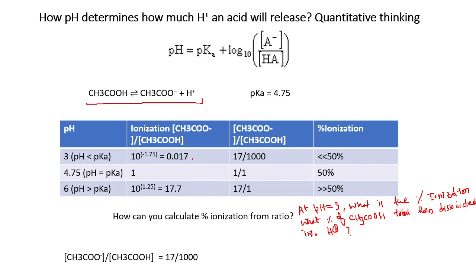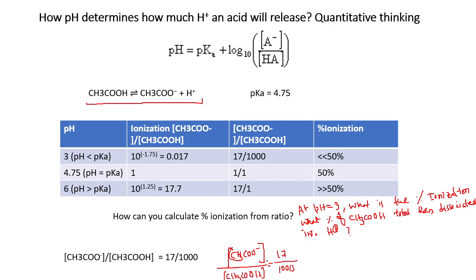So let's just take this ratio again, CH3COO minus by CH3COOH, is 17 by 1000.